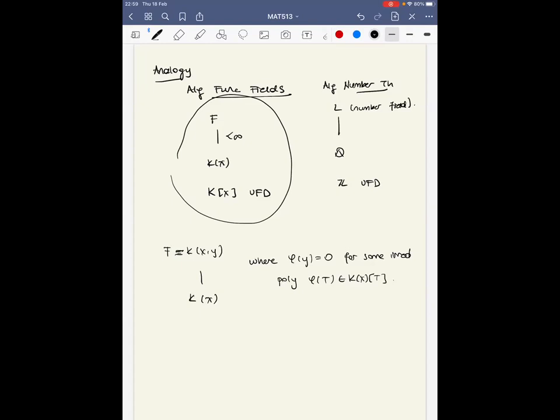And by this simplicity, we will prove that the transcendental elements in algebraic function fields can be characterized as follows. As usual, F over K denotes the algebraic function field. So that means there exists a transcendental x in F, and F is a finite extension over K of x.